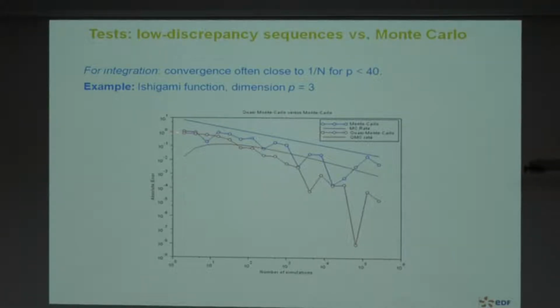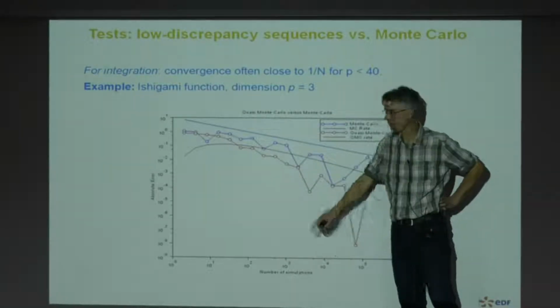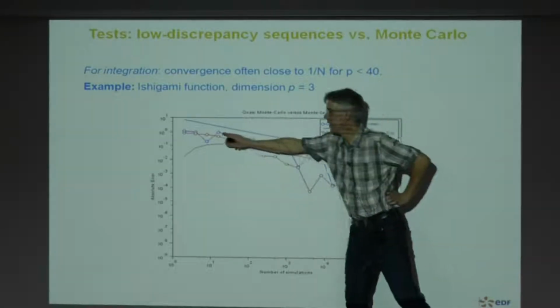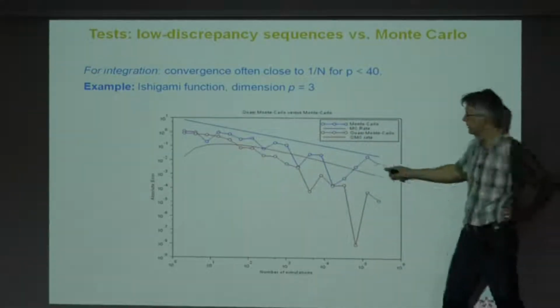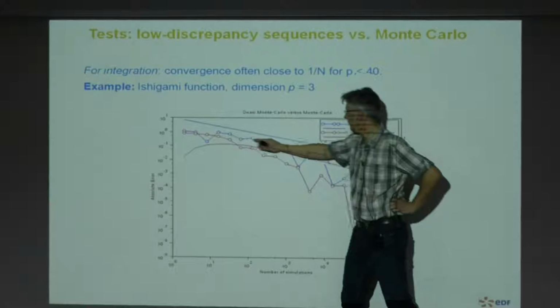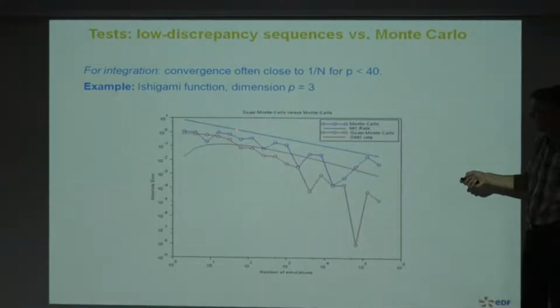For the Monte Carlo, we observe that the theoretical rate is rather respected. Of course, I have some noise due to the particular case, but globally, I have to look at the trend, and I see that I follow the speed that has been predicted.